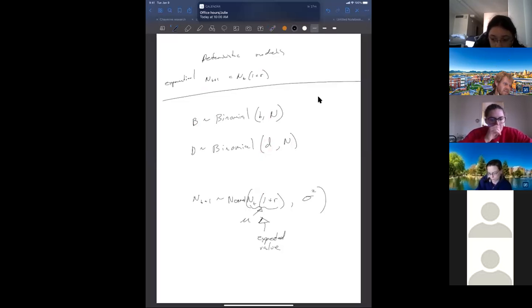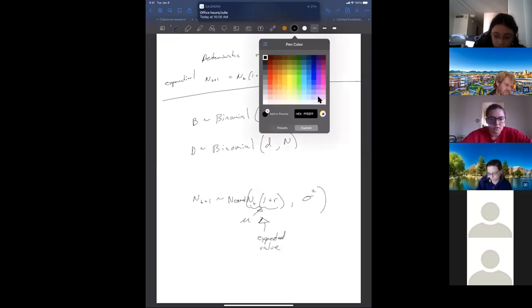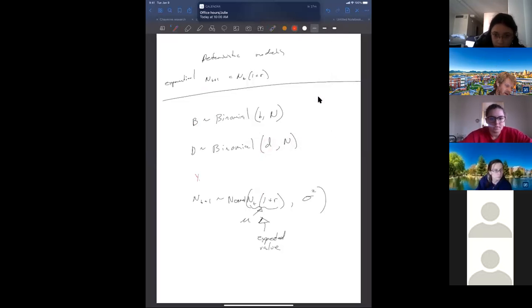The way we've written this out in the past was y of t comes from a normal with mean mu of t and variance sigma squared, where mu of t equals N of t times 1 plus r.